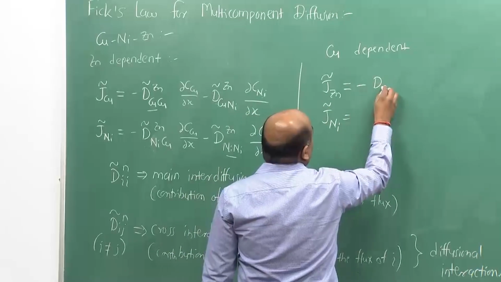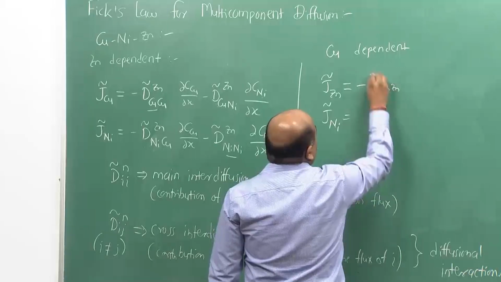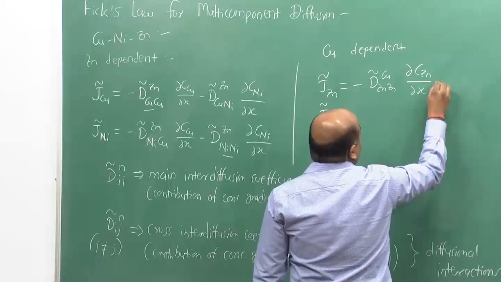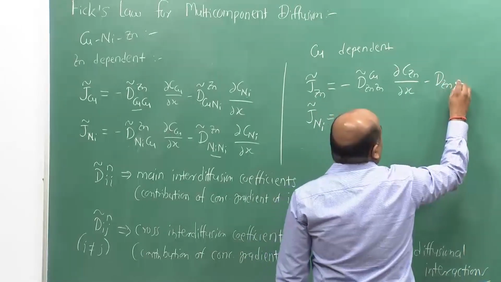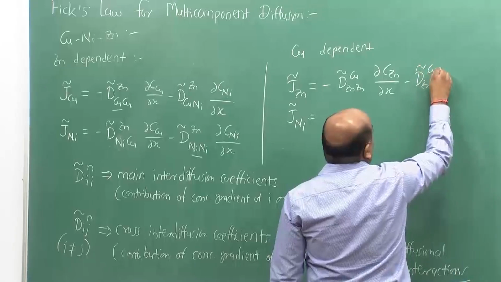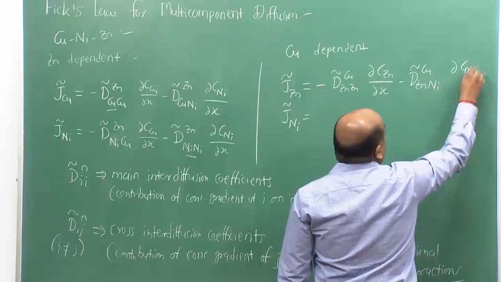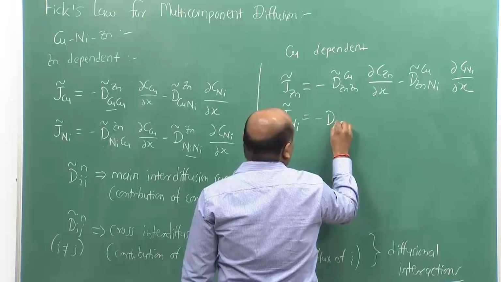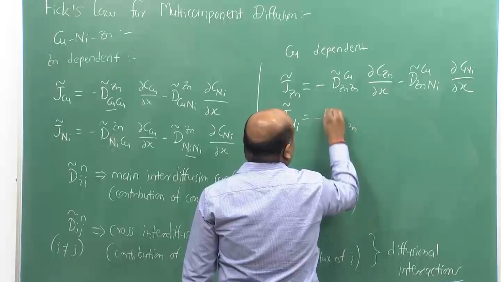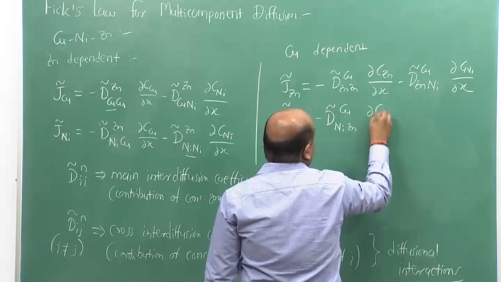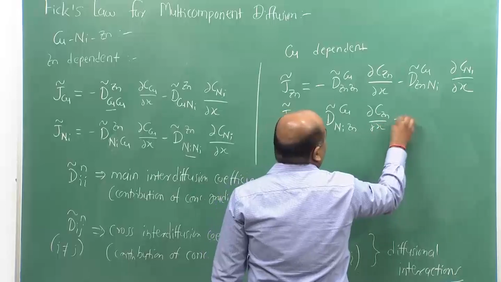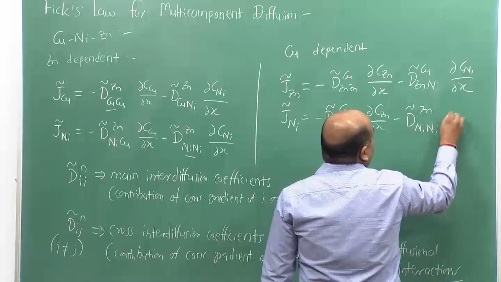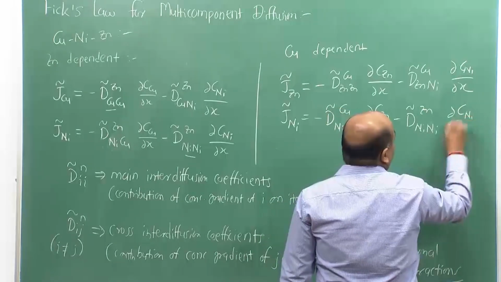So I can write D zinc tilde copper dou C zinc by dou x minus D zinc nickel tilde with copper dou C nickel by dou x, and the nickel flux will be D nickel zinc tilde with copper as dependent minus D nickel nickel tilde dou C nickel by dou x.